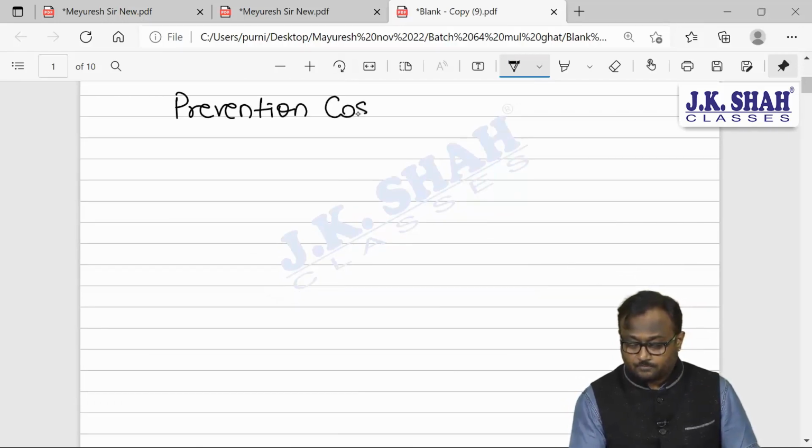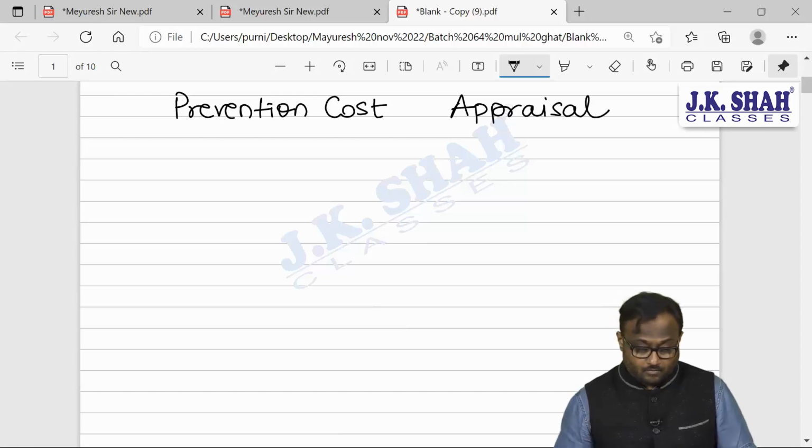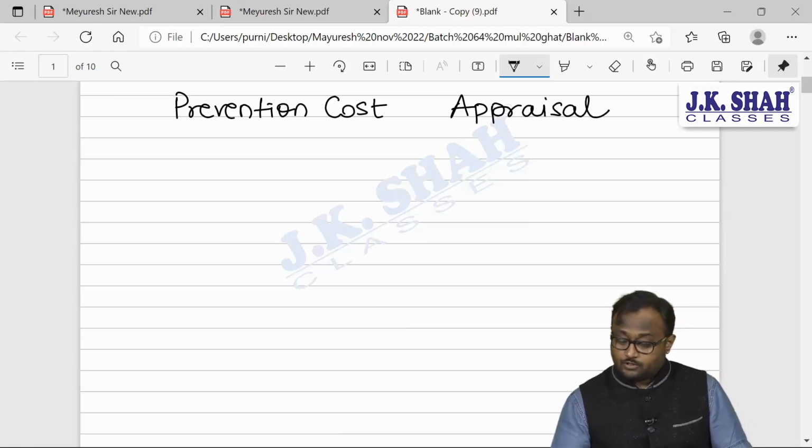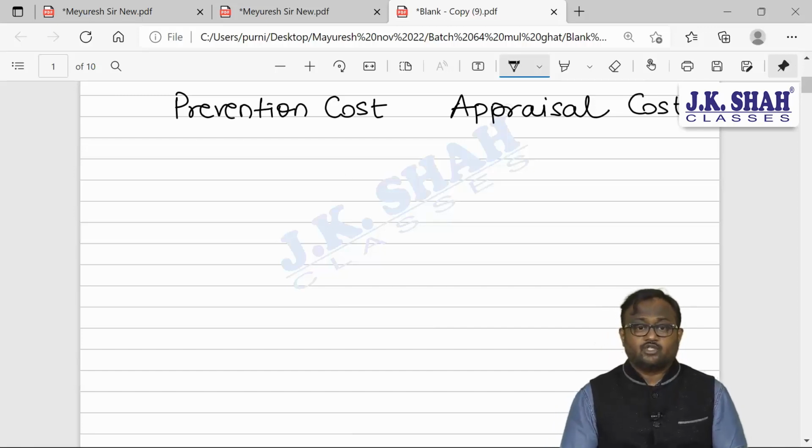prevention cost, then appraisal cost. Prevention cost stops the emission, appraisal cost will check the level of emission.